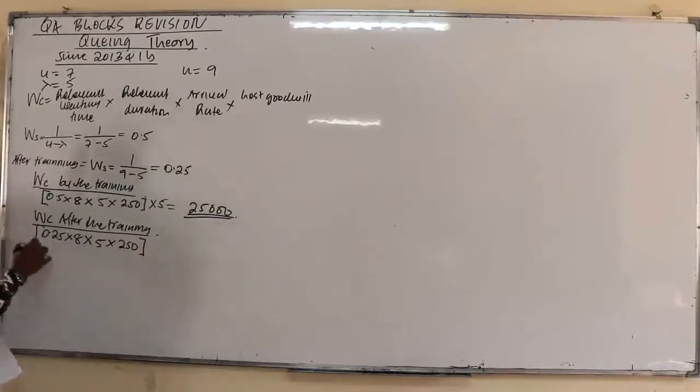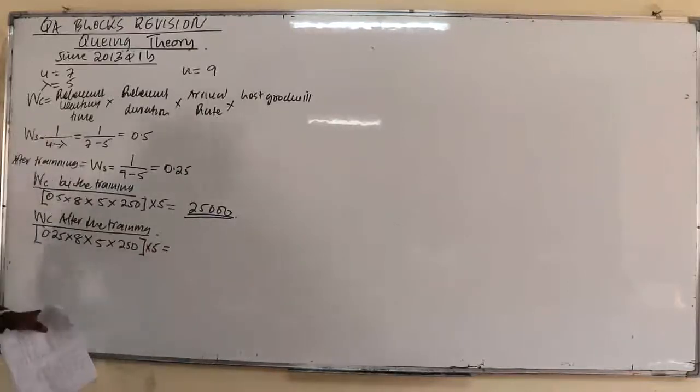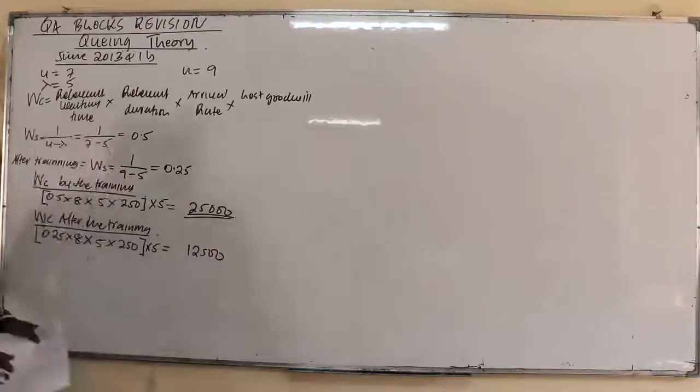What you get is the waiting cost per day. And then the training is going to take 5 days. So we have 0.25 multiplied by 8, and you are getting 12,500.